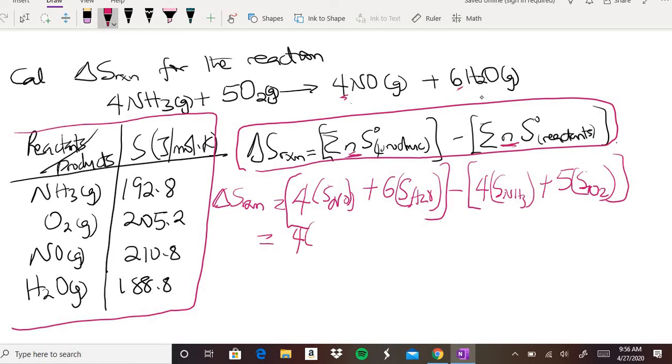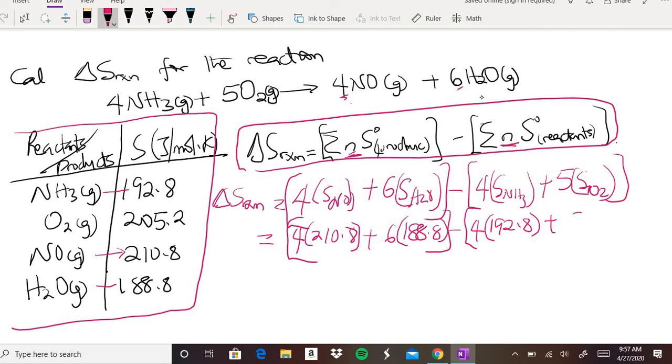We have 4 for NO, which is 210.8, plus 6 into the water, which is 188.8, minus 4 into our ammonia, which is 192.8, plus 5 into our oxygen, which is 205.2.